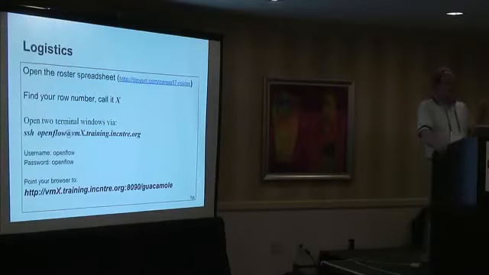What you should have done is, once you've got in the registrations, in the roster spreadsheet, you looked at your row number on the left, just what row your name ended up in, and you need to open 2 terminal windows to a VM, and the username is openflow, password is openflow, so typically this would be ssh openflow@vm, and then that row number, .training.incntre.org, spelled weirdly, password openflow, all lowercase, and then you also need to point your web browser to vm, your row number, training.incntre.org, port 8090/guacamole. Now, let me show you what you're going to see when you do that.